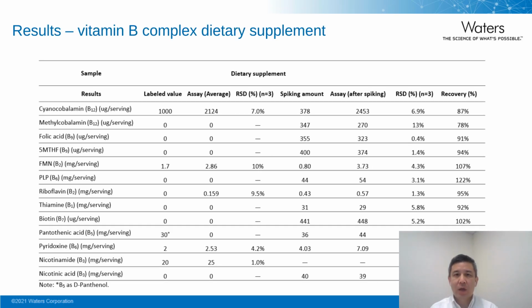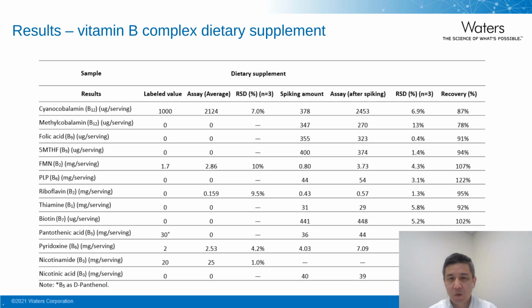And here's some results for the dietary supplements. We evaluated the determination of B vitamins with actual B complex dietary supplements. And also you can see the RSD and the recovery.